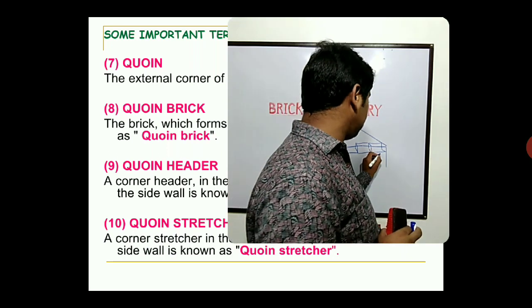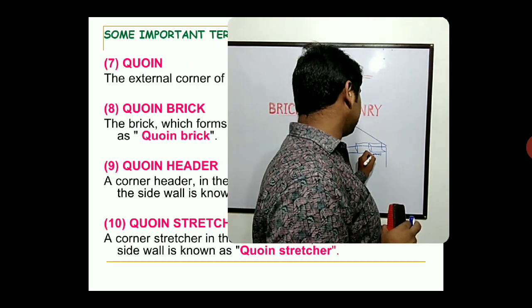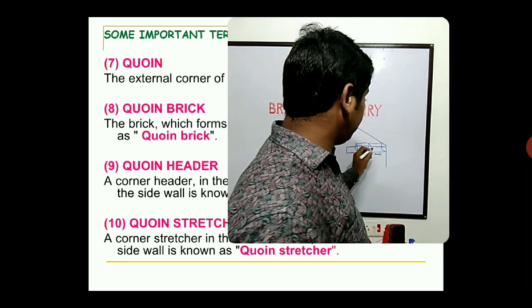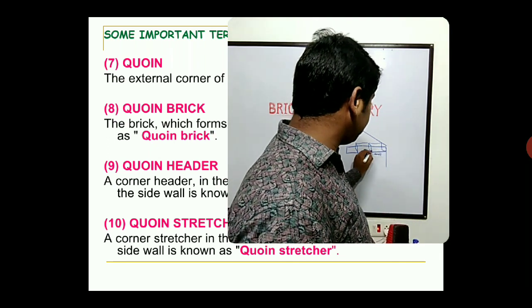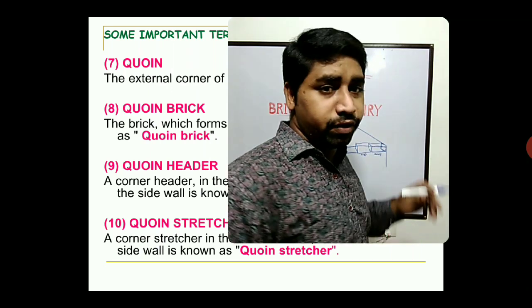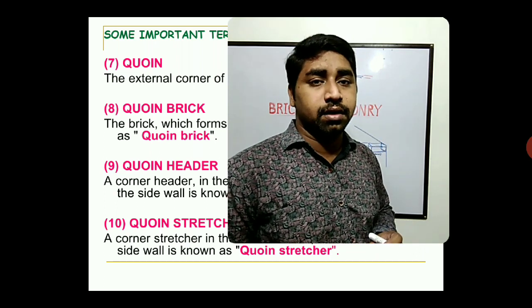So this is the stretcher course, this is also a stretcher. On the face of the wall it is a stretcher, on the other side it is a header. So that is what we call Kion stretcher.